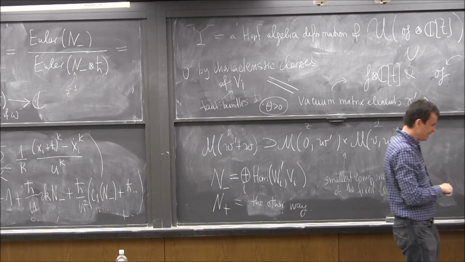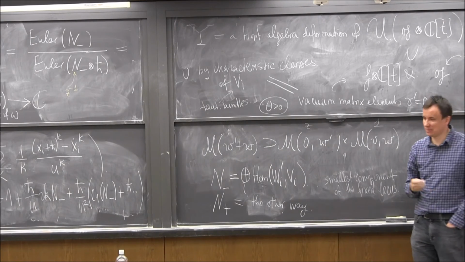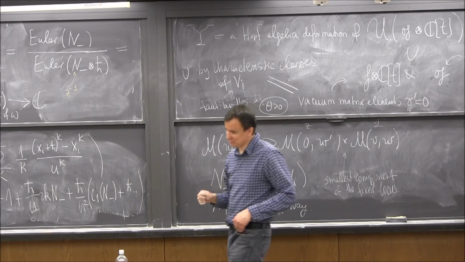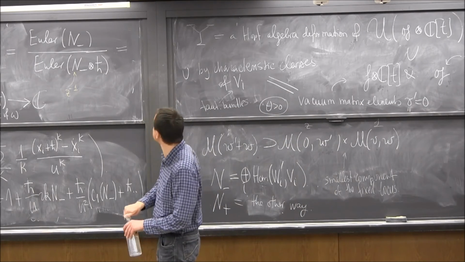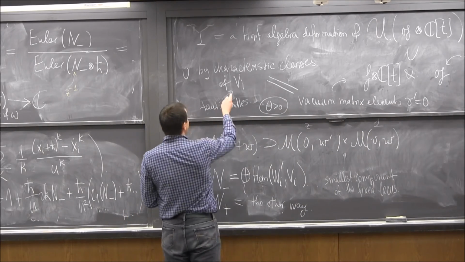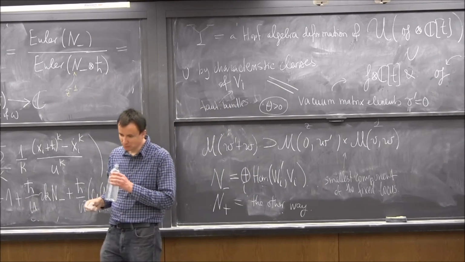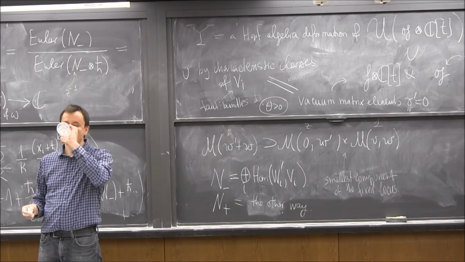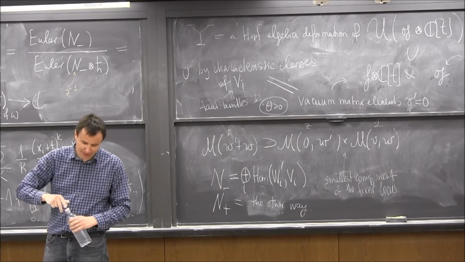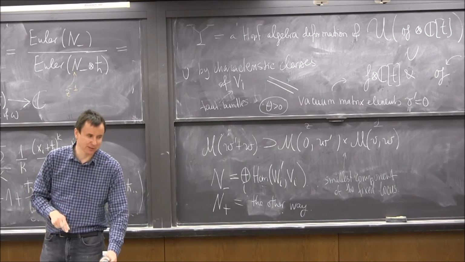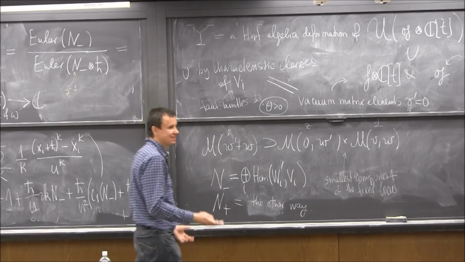My understanding from the experts is that you have a resolution of the diagonal by these bundles, so you think you're done, but since the variety is not proper, it's not.